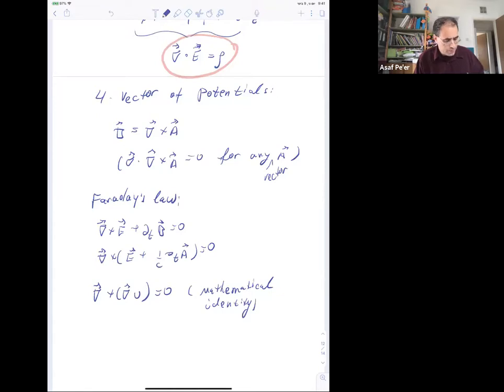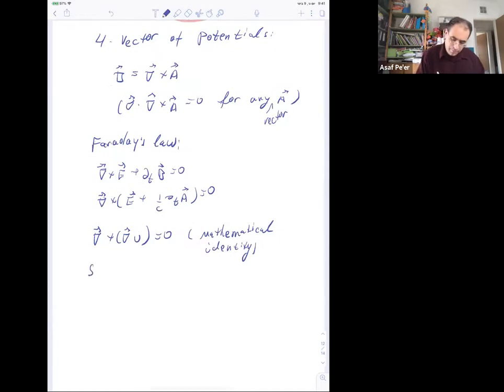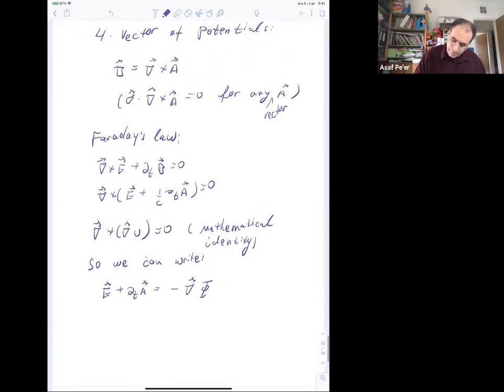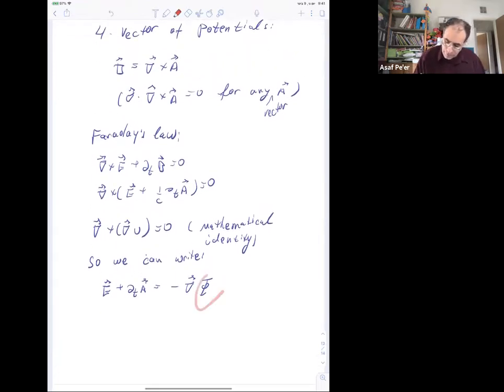Then we can write that in terms of the gradient of a scalar potential: E plus ∂tA is minus the gradient of φ. So φ is the scalar potential and A is the vector potential.